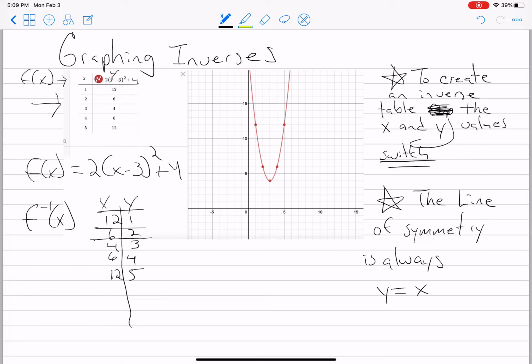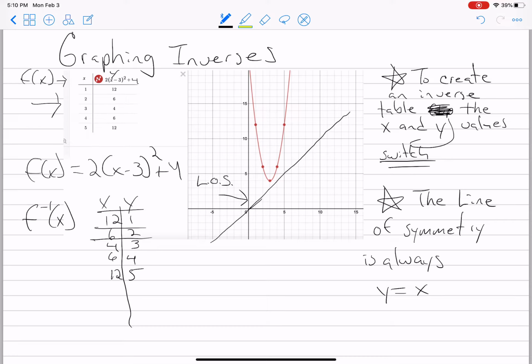In other words, the line of symmetry is always this diagonal line. I'm drawing mine by hand. It's y equals x. But there's my line of symmetry. So let's go ahead and graph this.